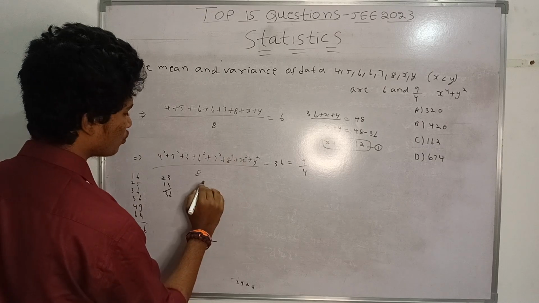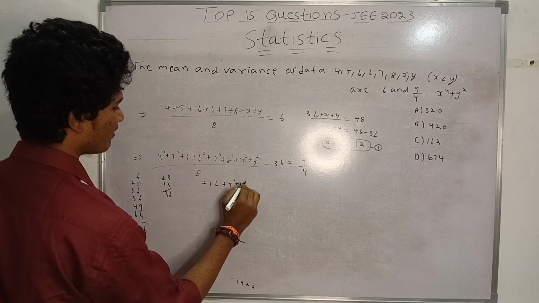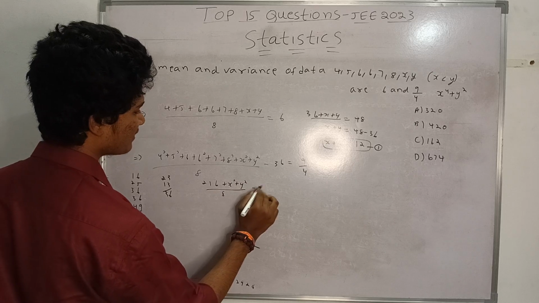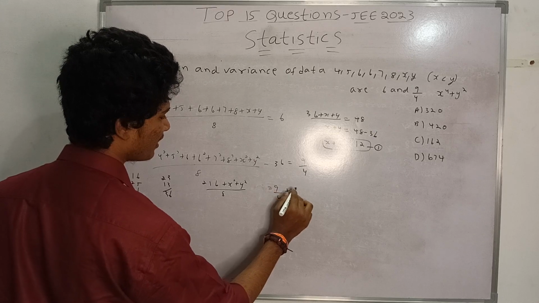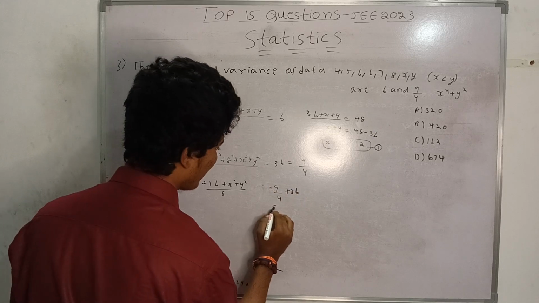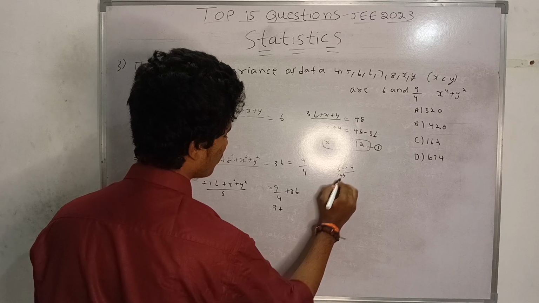So the complete sum is 216. 216 plus x square plus y square, divided by 8, minus 36 equal to 9 by 4. So I simply shift this minus 36 to the right side, it will become plus 36. So 9 plus 36 into 4, that is 144.